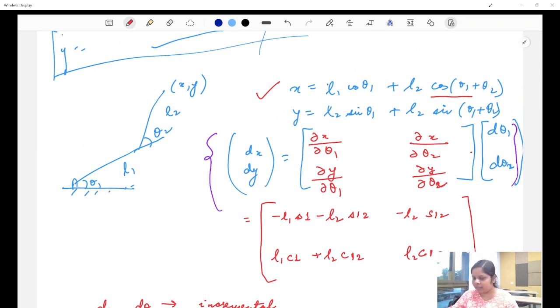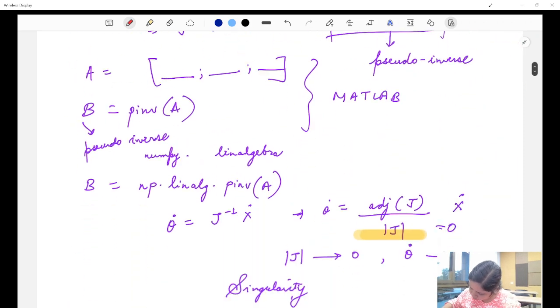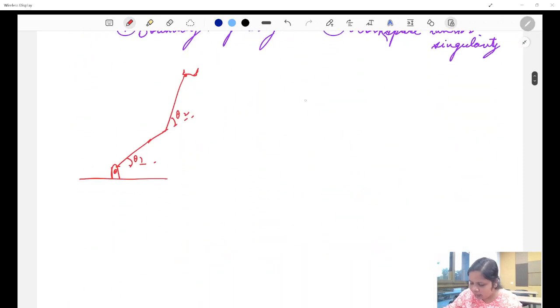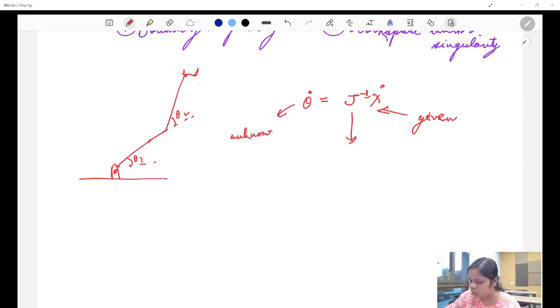Now, if this is the Jacobian, and let's say I am given theta dot equals J inverse times x dot, that is, the end effector velocity we desire, then we have to calculate this to find out what the joint velocities should be, because that is what you are interested in, right?